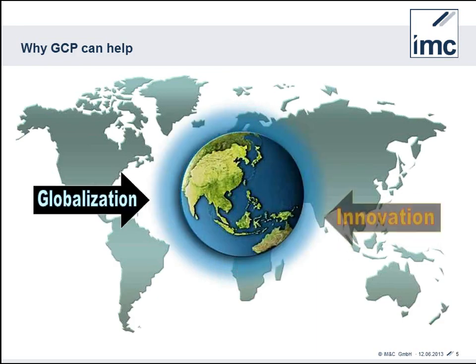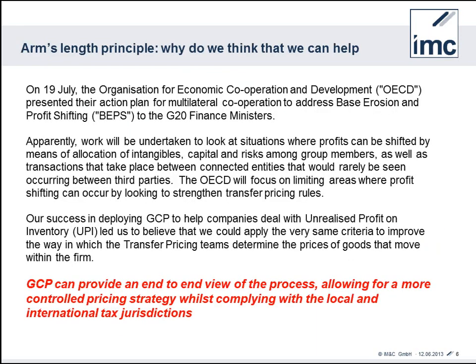Okay, so let's get started with transfer pricing. We all heard about the arm's length principle and essentially what it is, and also the fact that the arm's length principle is what is accepted by everybody. Now, very recently, on the 19th of July, so 10 days ago, the Organization for Economic Cooperation and Development came up with a very strong statement about transfer pricing and what they want to do about it.